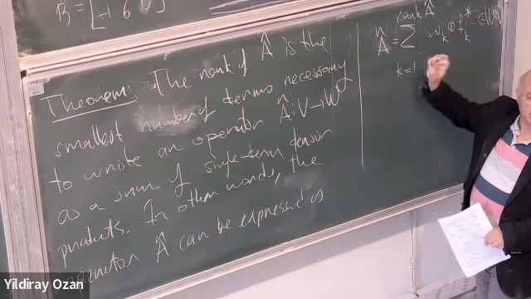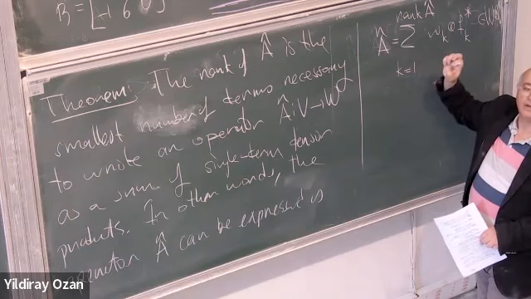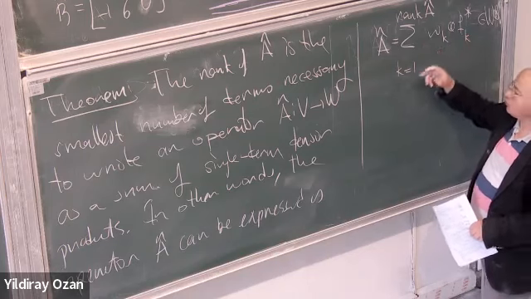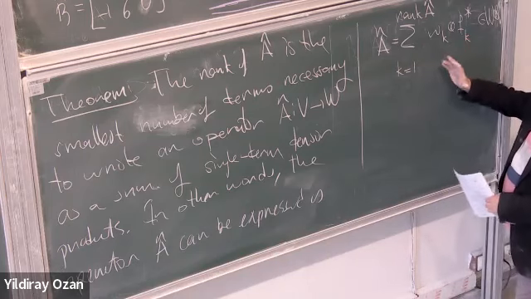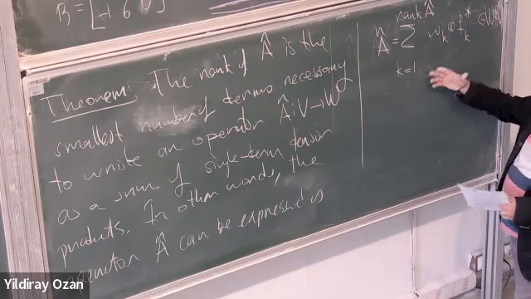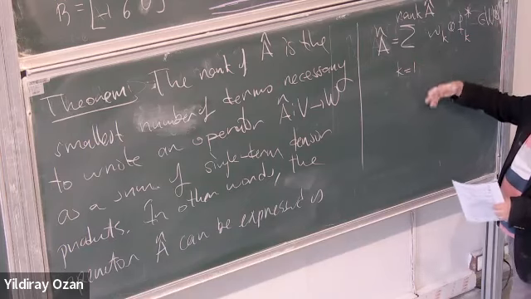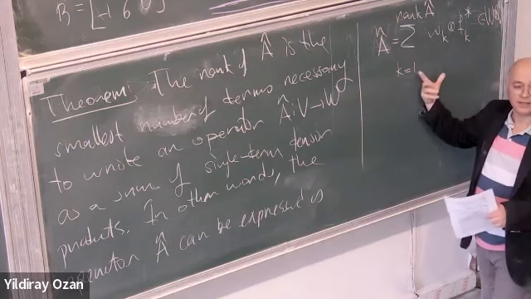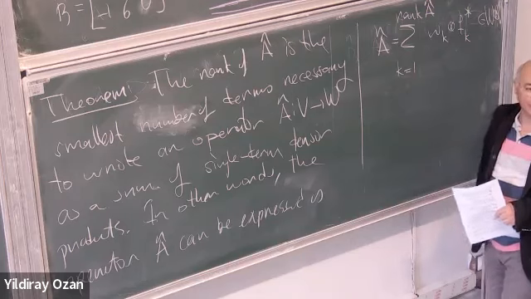So 5 is the smallest number required to write this as a tensor. Of course, you can add other terms. You can obtain representations with more terms, but you cannot get a representation with fewer terms.